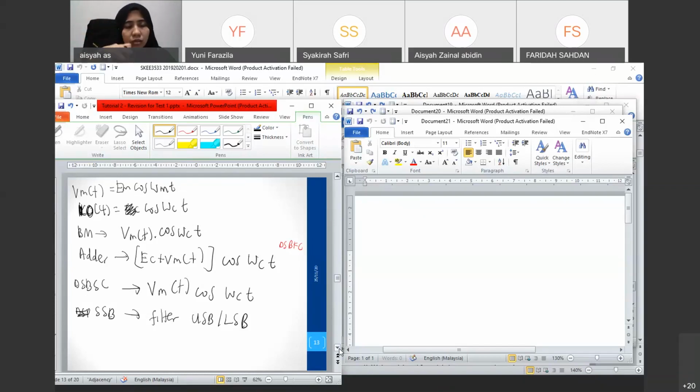Just show a bit of the mathematical equation: what is the VMT, what is the EC cos omega CT. Even if you don't have the full answer like this, I still consider it if you write a bit of the mathematical equations.